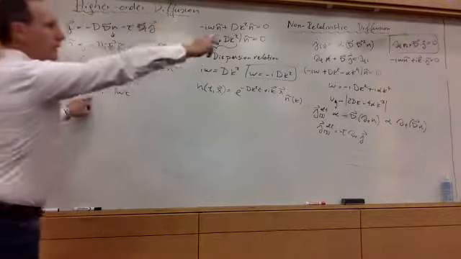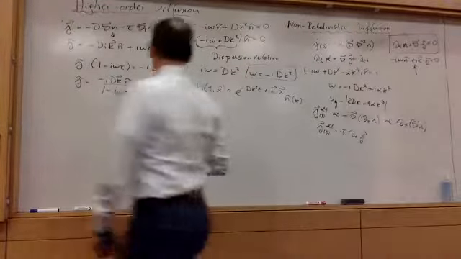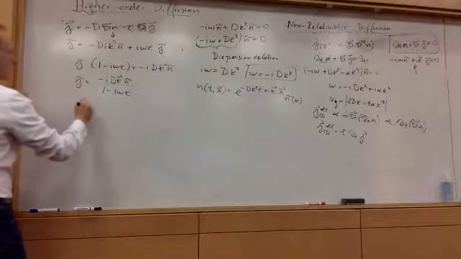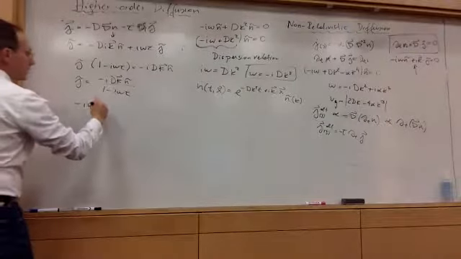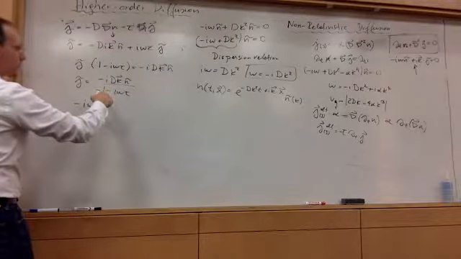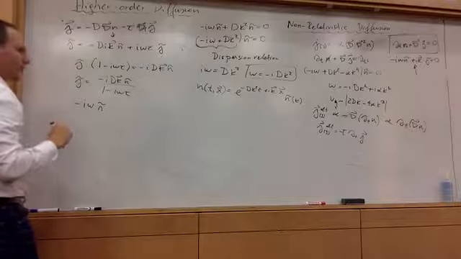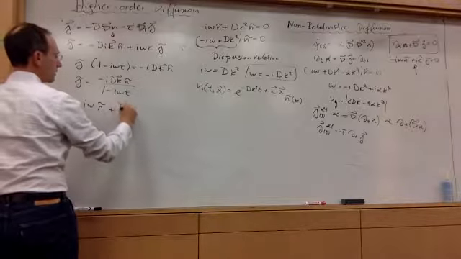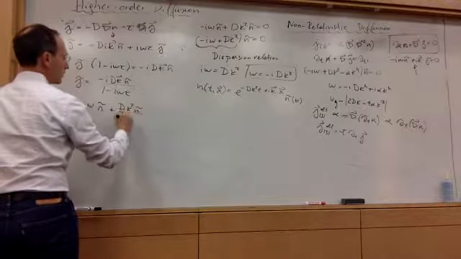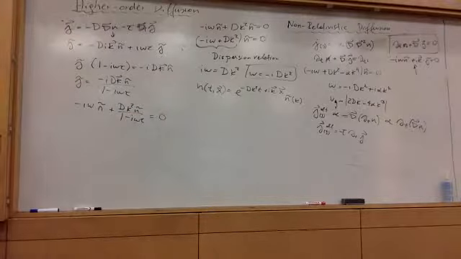Take this, plug it into this equation over here, and you find minus i omega n twiddle, plus ik times minus ik, which is plus d k squared n twiddle over 1 minus i omega tau.